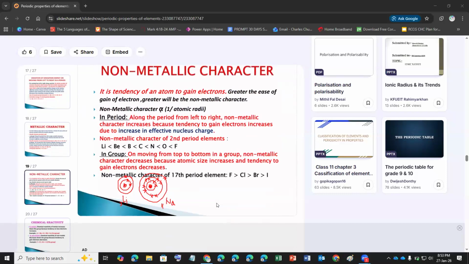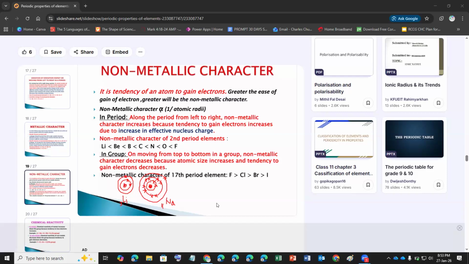So when there's a stronger pull, what do you expect? It will have a higher tendency to want to collect electrons, not give them away. And that's how non-metals behave. Non-metals will struggle to do what? Collect electrons. Why? Because they also want to achieve that stable configuration where they have 8 in their outermost shell.